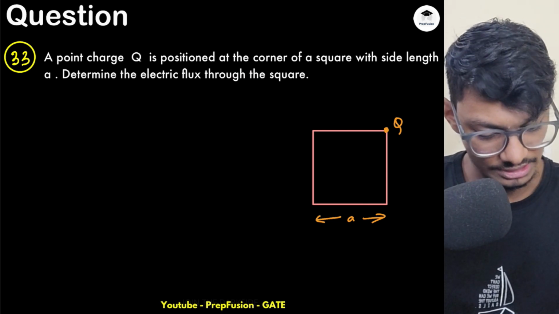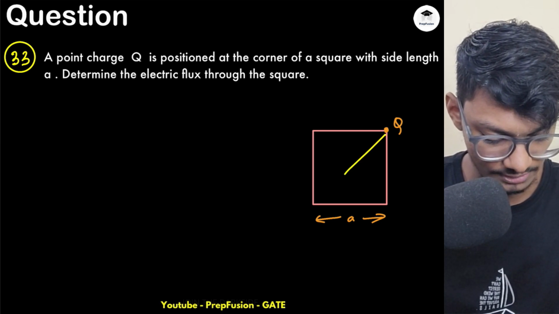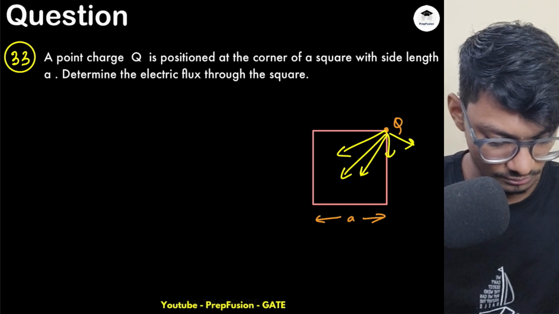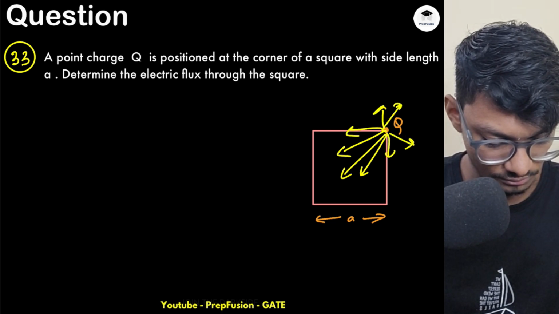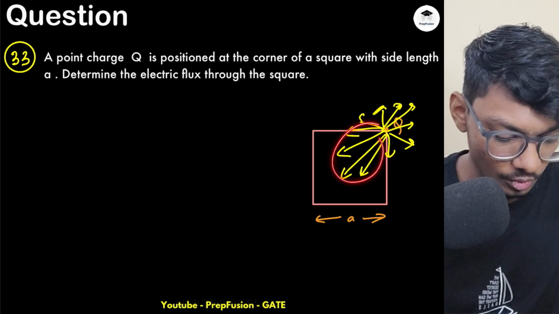One thing I notice is that the electric field lines produced by this particular charge will be like this. Now, are these field lines ever crossing the surface?